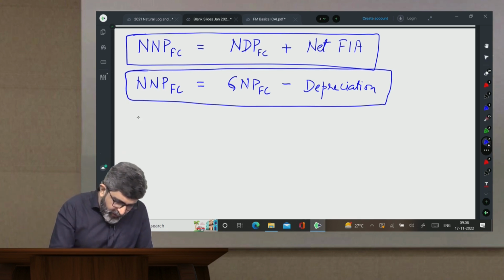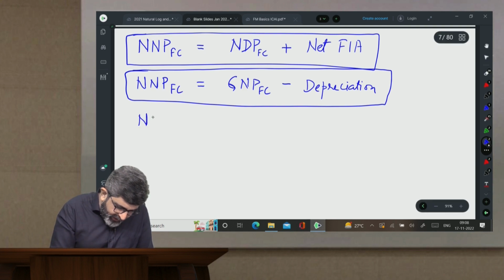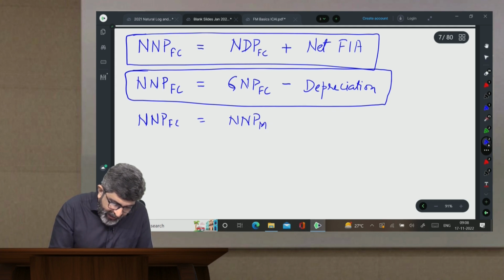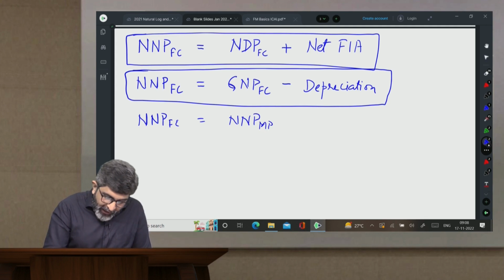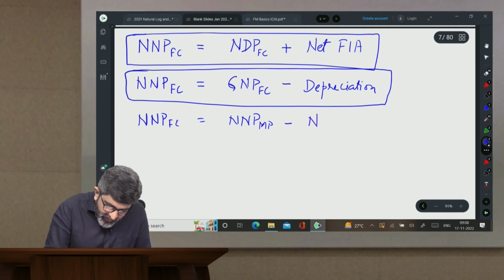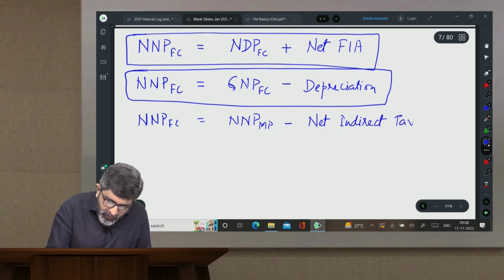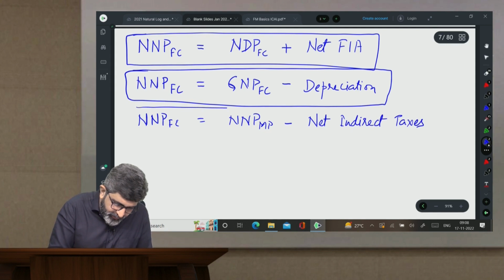For example, another way to arrive at net national product at factor cost could be, you start with NNP MP, that is net national product at market price, and from this you subtract net indirect taxes.